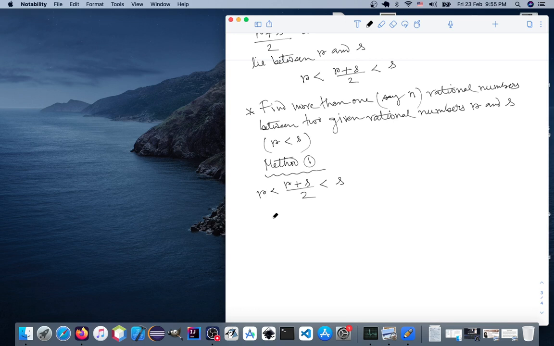Meaning between R plus S by 2 and S I can find another rational number using the same formula.